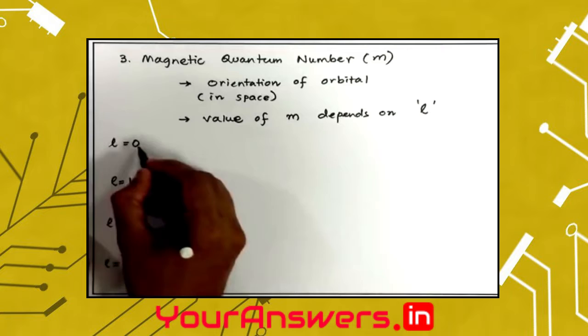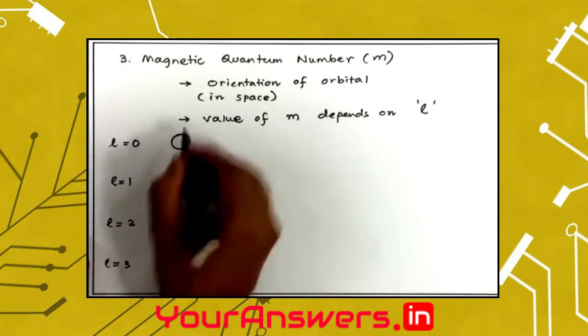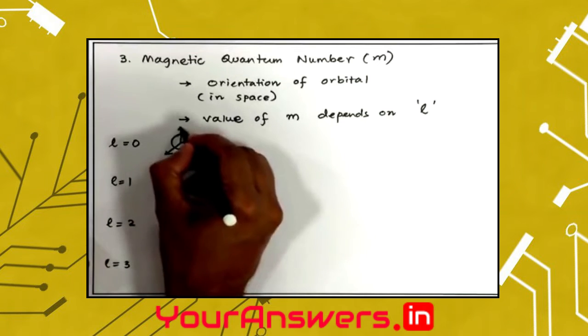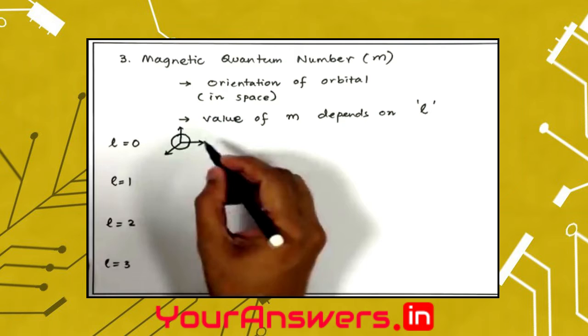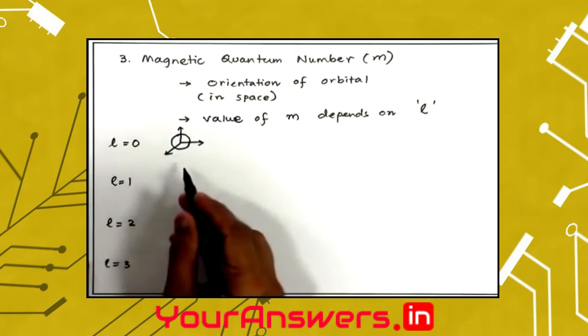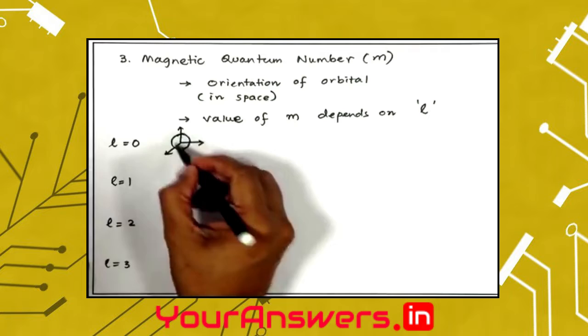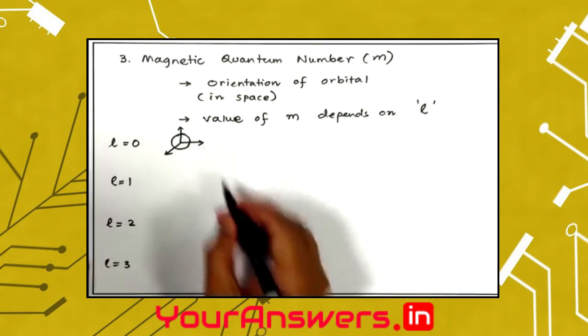Now, when L is 0, it is an s orbital and the shape is a sphere. Let us say I draw my x axis, y axis, z axis, and I am showing you a sphere. How many ways can I orient this sphere? The answer is 1. There is nothing called reorienting the sphere because it is symmetric along all directions.